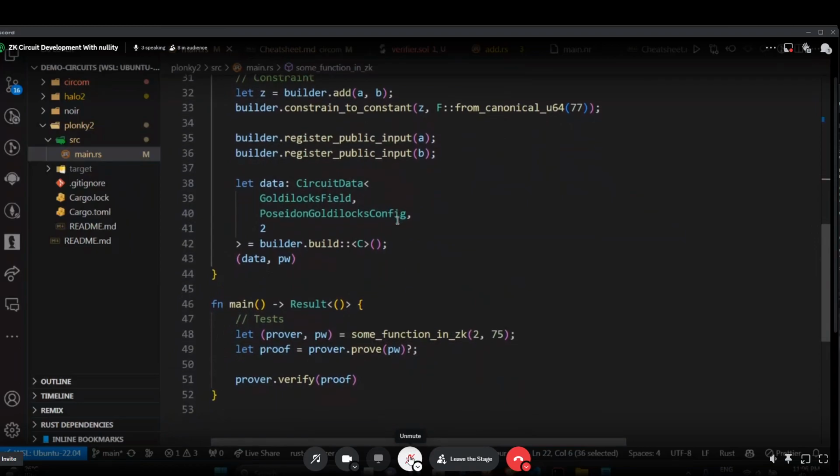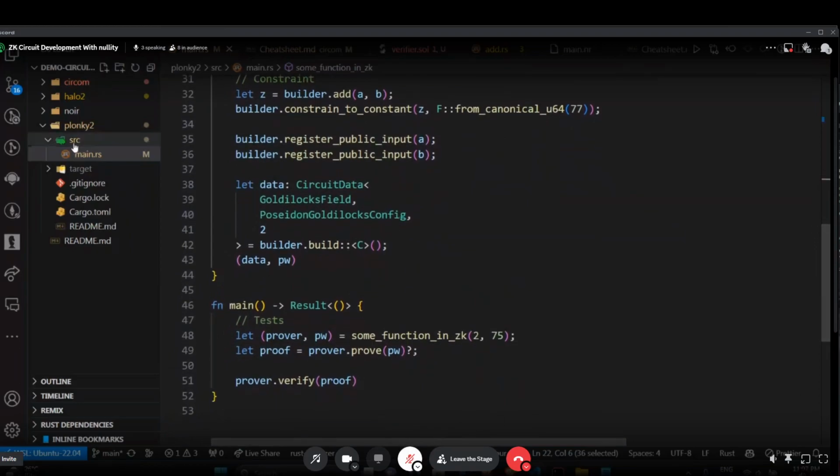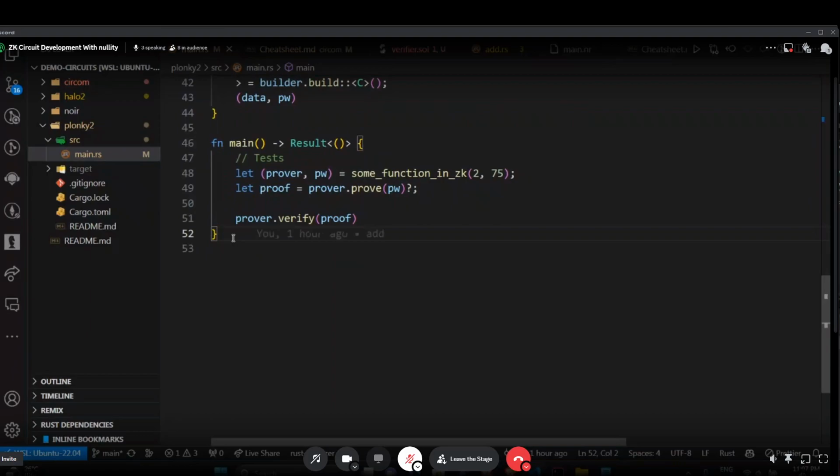One thing which separates Plonky 2 from the other ones is that the verification is also done inside the circuit. So it uses recursion. To explain it in a simpler way, you have your circuit, you generate a proof saying you computed the values in a correct way, and you have a verifier inside the circuit, and you feed that proof to that verifier inside the circuit, and you generate another proof.